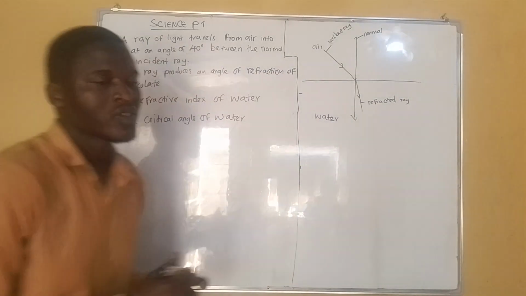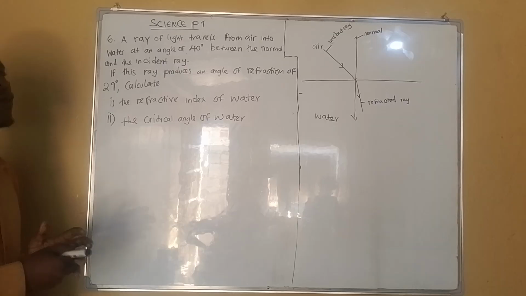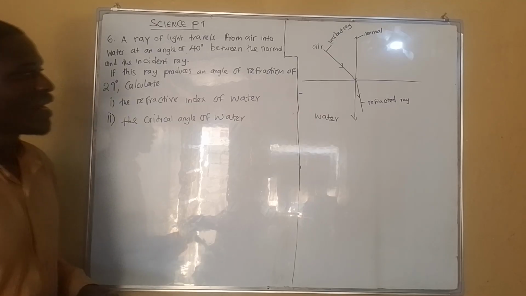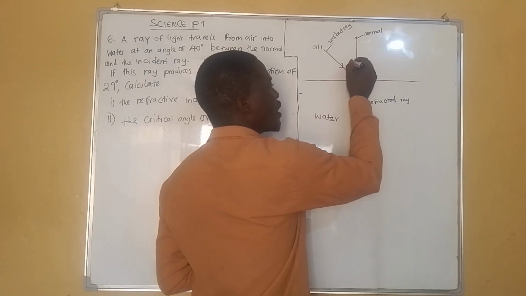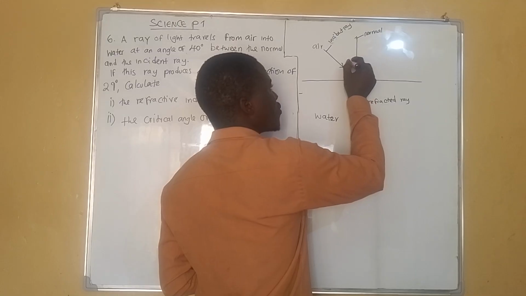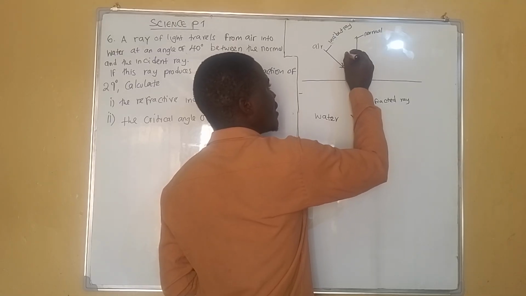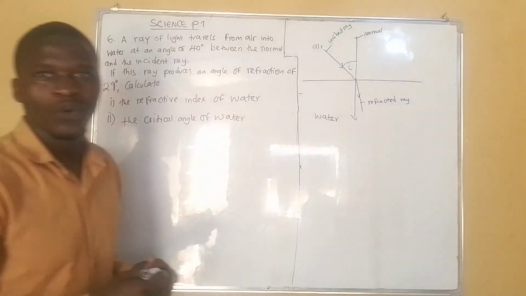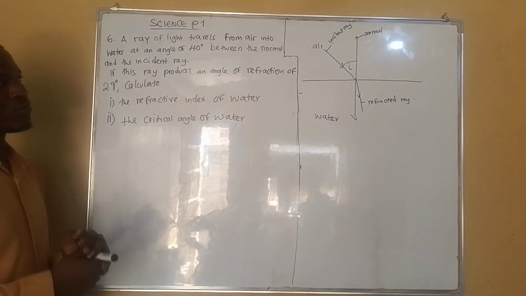Now, the angle of incidence, known as I, is from the normal to the incident ray. So from here to here, this is the angle I, or if you want, you can say theta 1, no problem.